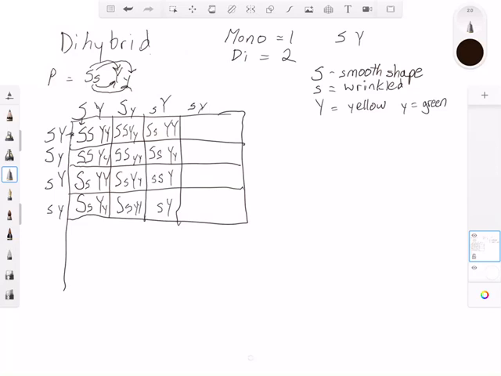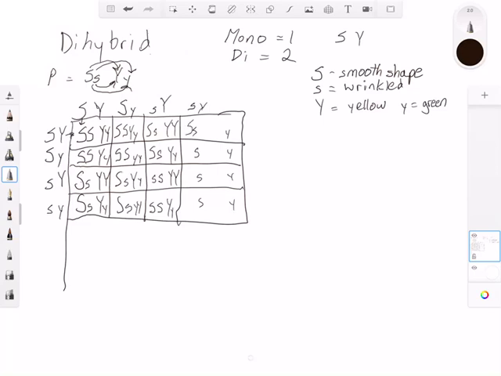This is a lowercase s, and then 2 capital Y's, lowercase s, lowercase y. I have to double check this because of how I wrote my capital Y's. Okay, lowercase s, bringing it down, lowercase y, bringing that down.